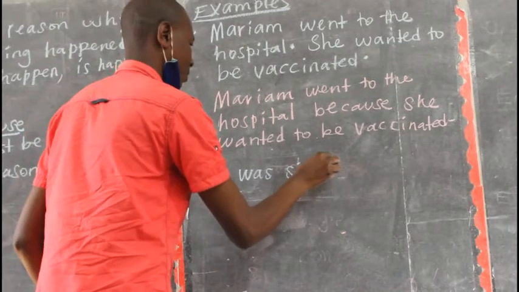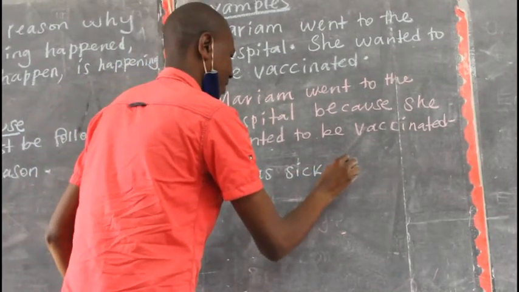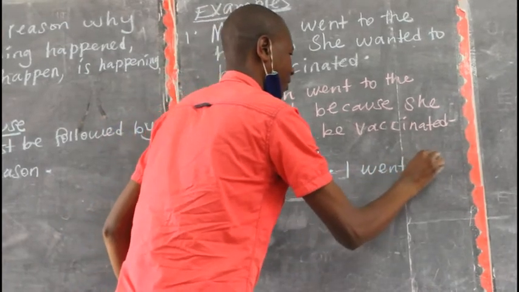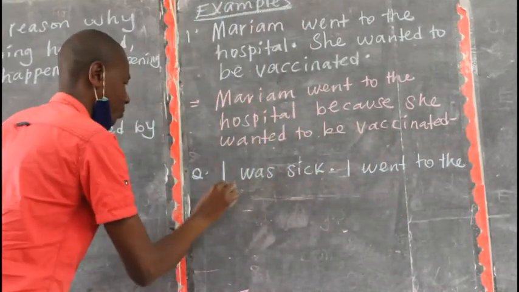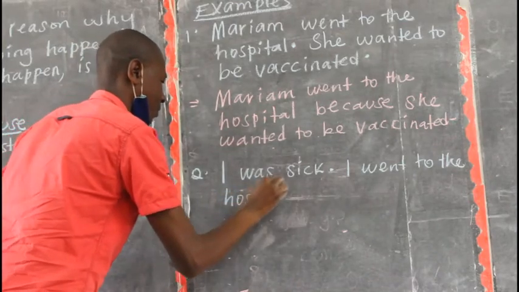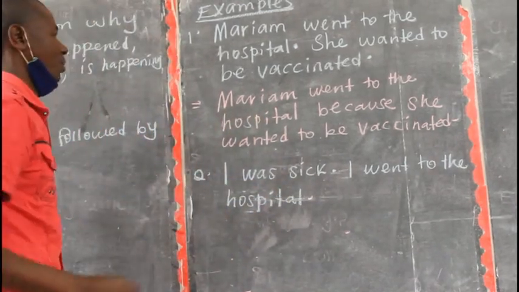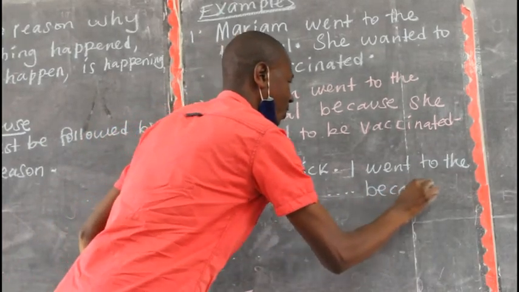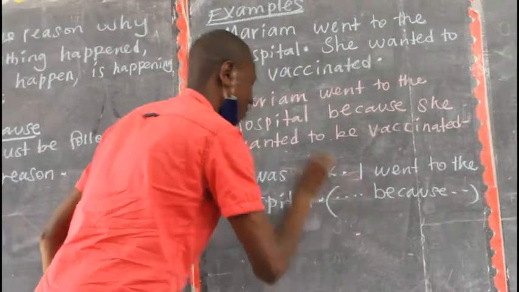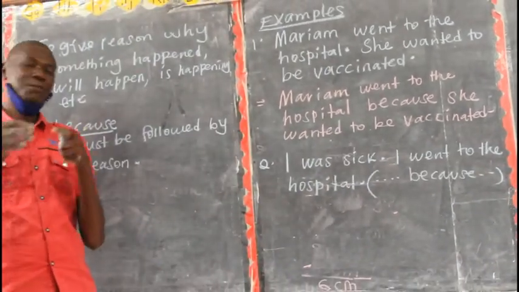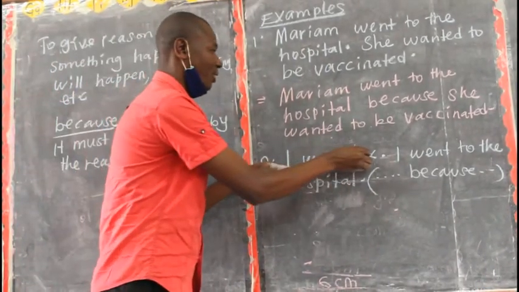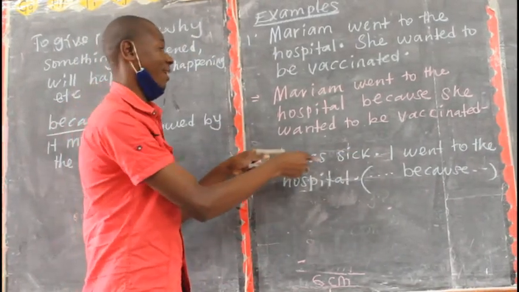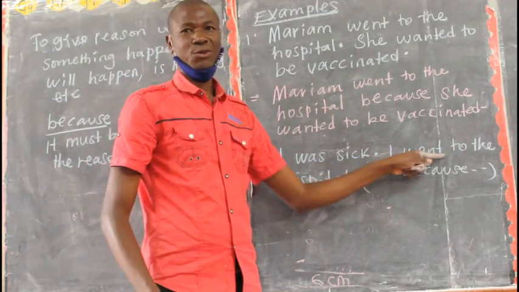Full stop. I went to the hospital. Full stop. Then they will say, join the sentences using because. Now, because some of you cannot know the reason and the action, you can simply come here and say, I was sick because I went to the hospital.